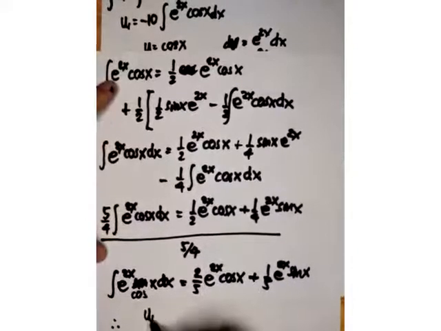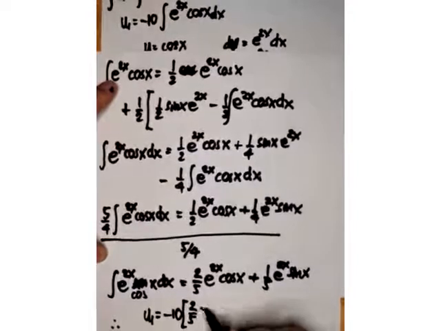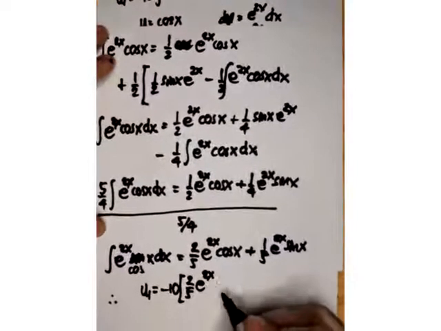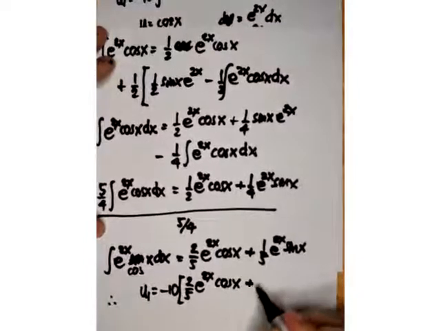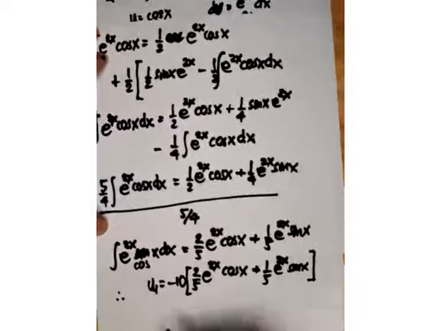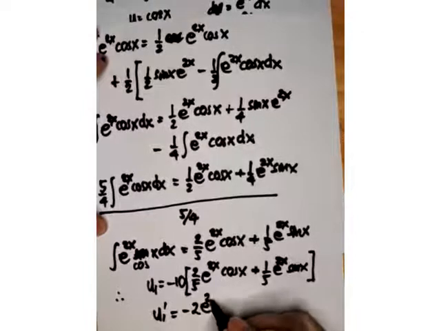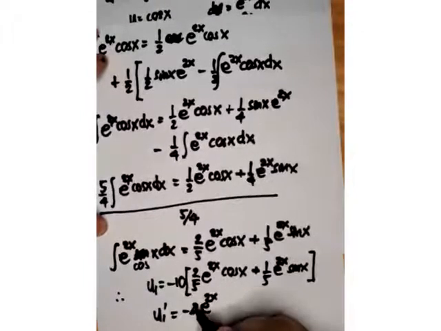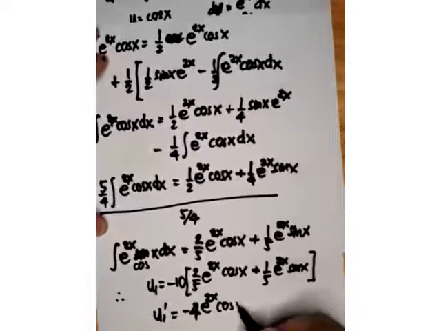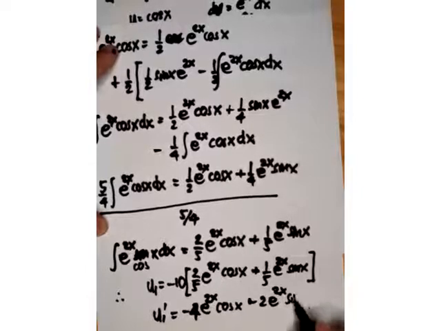So, u1 then is equal to negative 10 times 2/5 e raised to 2x times cosine x plus 1/5 e raised to 2x sine x. Or u1 is equal to negative 2 e raised to 2x, 4 pala, cosine x, 10 times 1/5, okay, minus 2 e raised to 2x sine x.